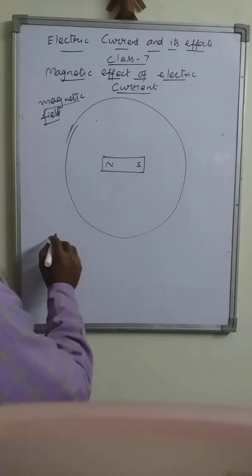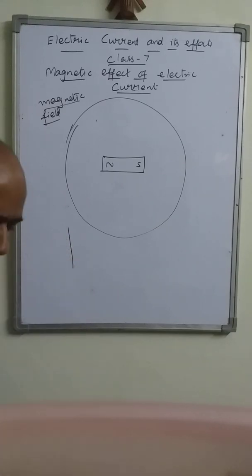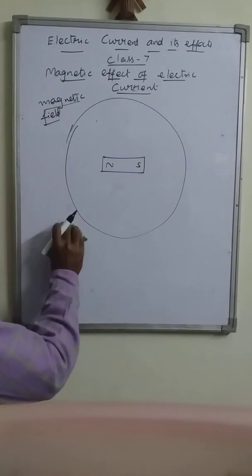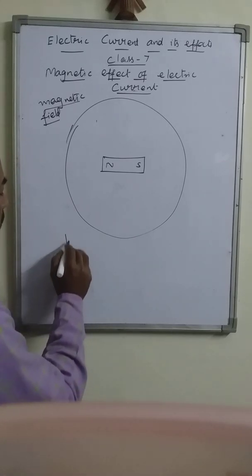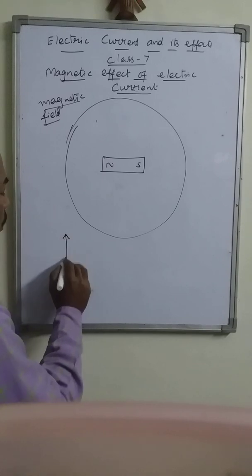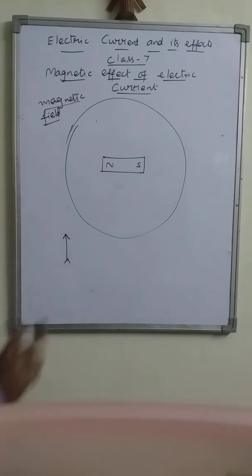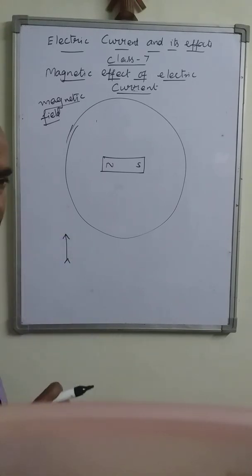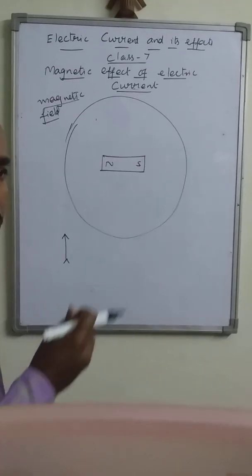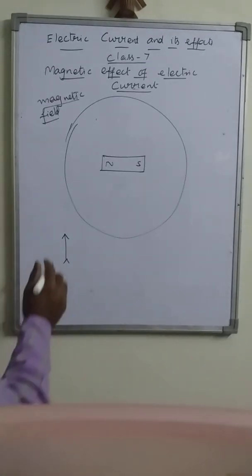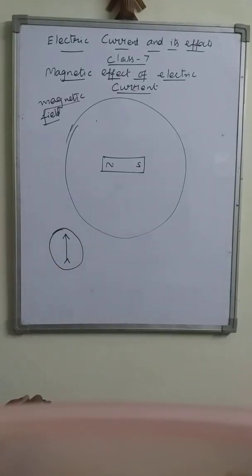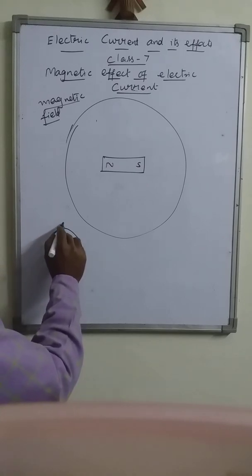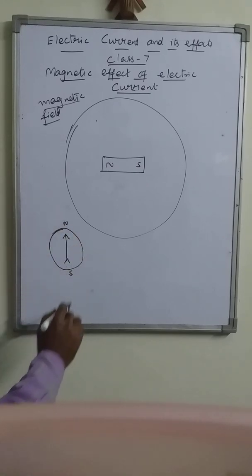Suppose this is the bar magnet and this is the compass needle. We are representing this compass needle in the arrow shape. This is the tiny compass needle which is placed inside a small box, and we draw this small box in the form of a circle. In the compass needle, this end is north, here it is south.